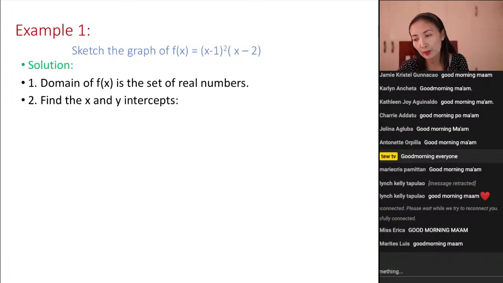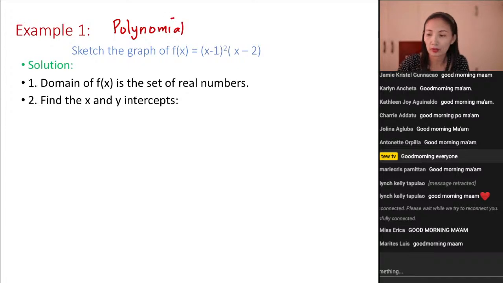Take note that we can expand this and then multiply it by x minus 2. Then the resulting function will be cubic, because x squared multiplied by x is x to the third power. So example number 1 is a polynomial function.